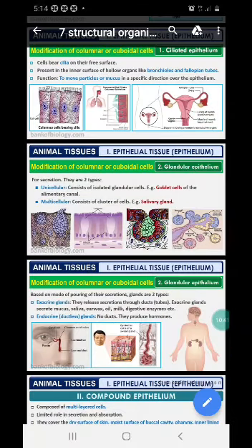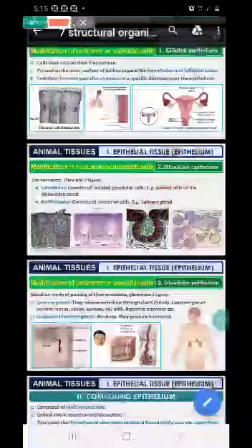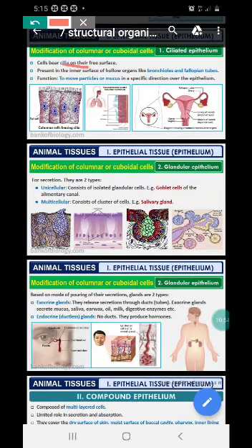So as I told you, modifications of columnar and cuboidal: the cells bear cilia on the free surface. Cilia are present on the inner surface of hollow organs like the fallopian tube. What is the need of the fallopian tube? For passage of the eggs.